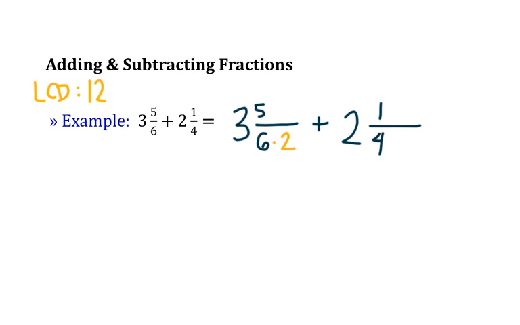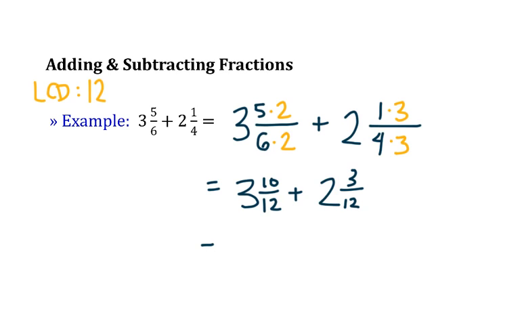If I do that in the denominator, make sure you do it to the numerator. Over here at 2 and 1/4, 4 needs to be multiplied by 3 to look like 12, and I'll give it to the numerator as well. Cleaning up, I now have 3 and 10 over 12 plus 2 and 3 over 12.